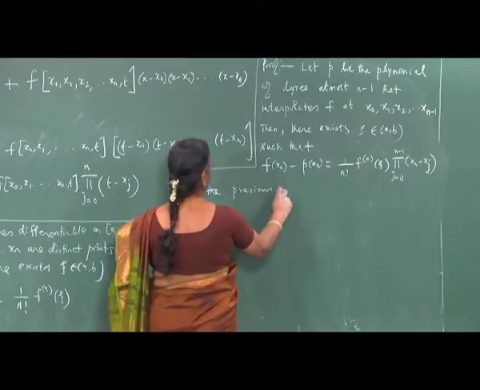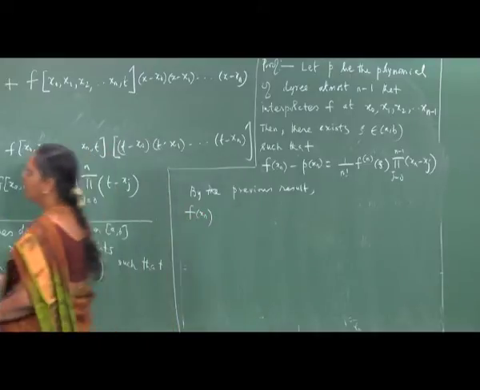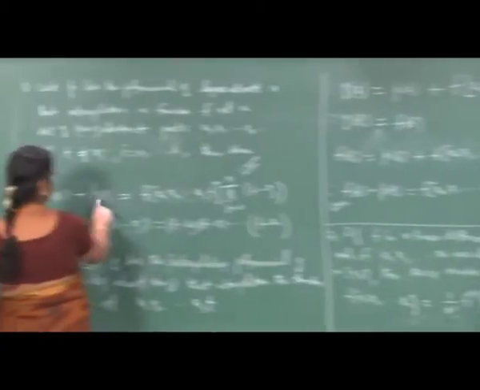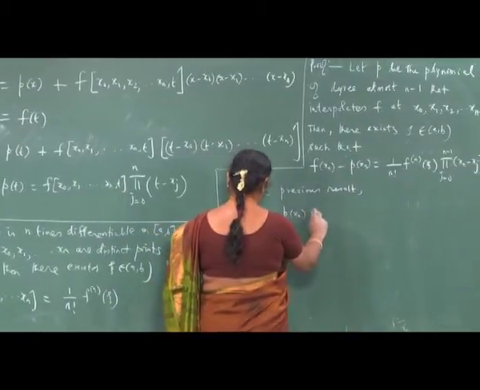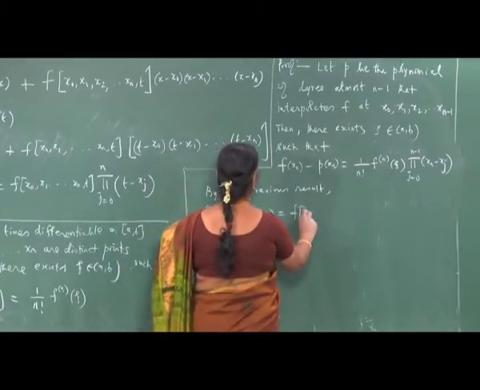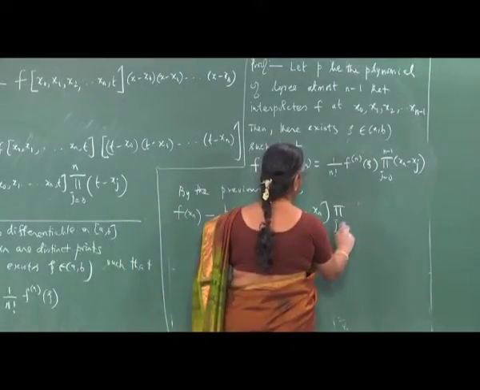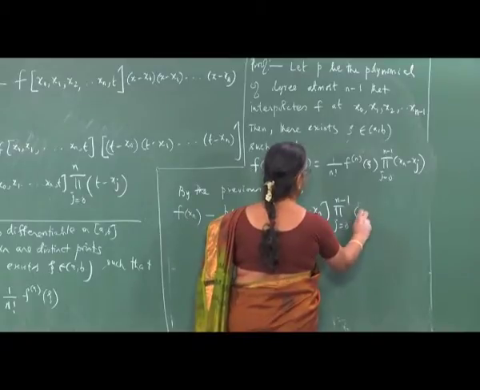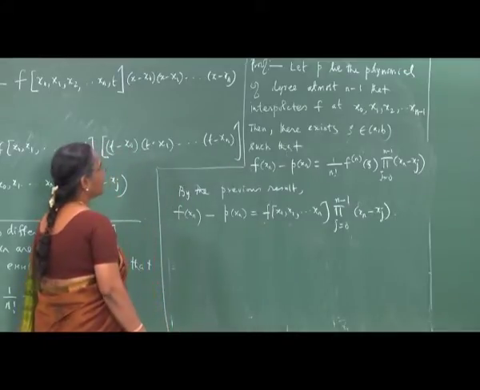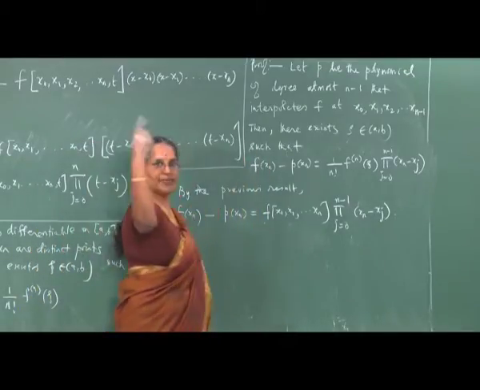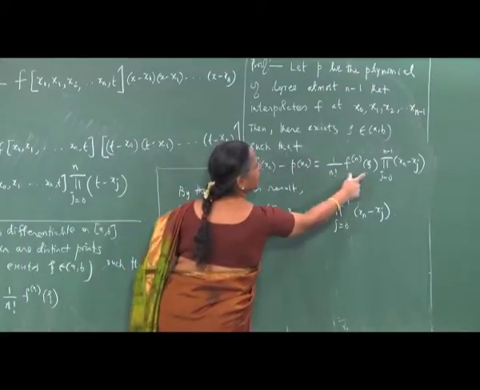Now, at this stage I use the previous result. I know by the previous result that f of xn, now xn plays the role of t in this problem, so f of xn minus p of xn will be equal to f of x0, x1 etc. up to xn into the product j equal to 0 to n minus 1 of xn minus xj. So, the error in interpolation formula which we have already done gives me the error at xn to be this.